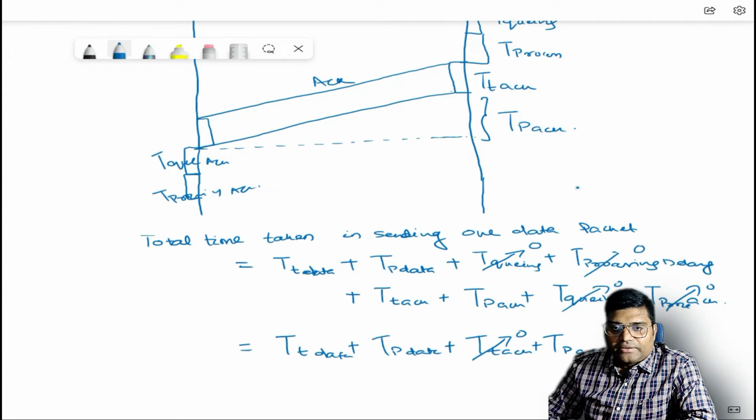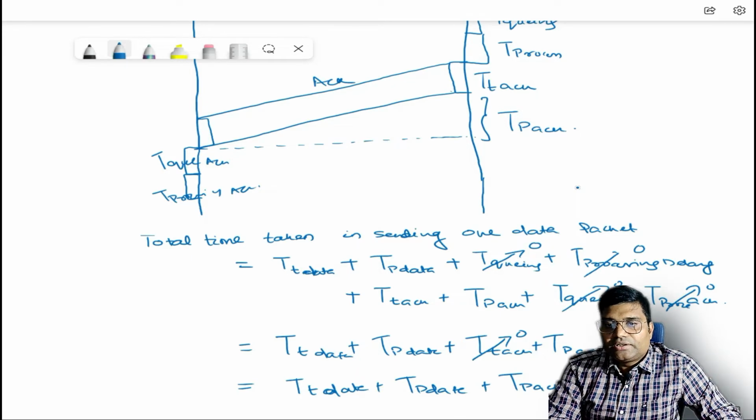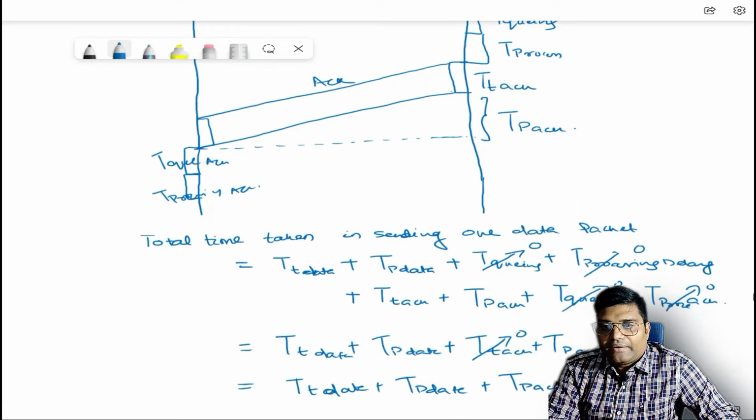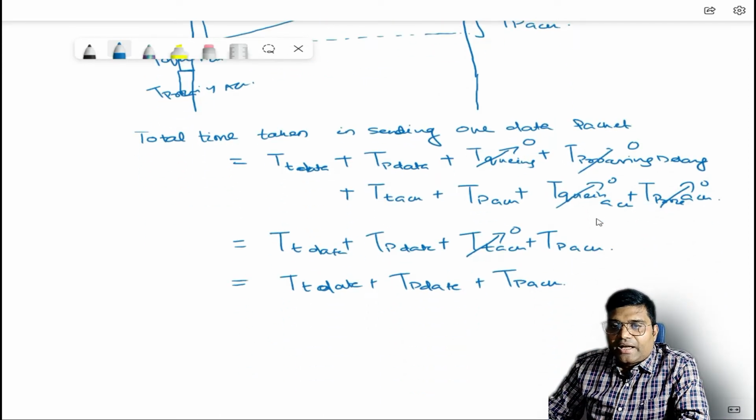Now we can write the total time taken as the transmission delay of data plus the propagation delay of data plus the propagation delay of acknowledgement. As we are using the same medium, the propagation delay for data and the propagation delay of acknowledgement should be the same.